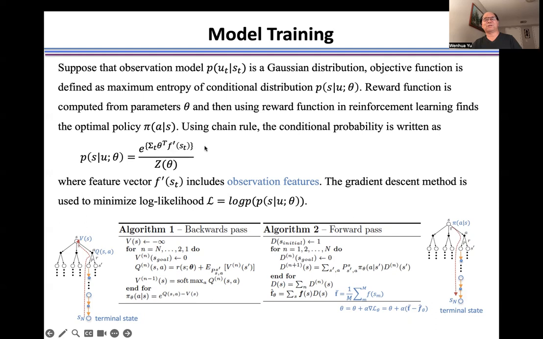One is the cumulative reward function. One is the exponential term, the entropy, to reduce the uncertainty in the reward.